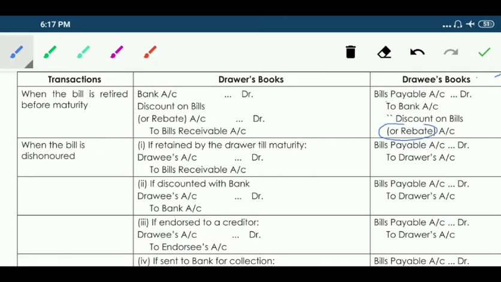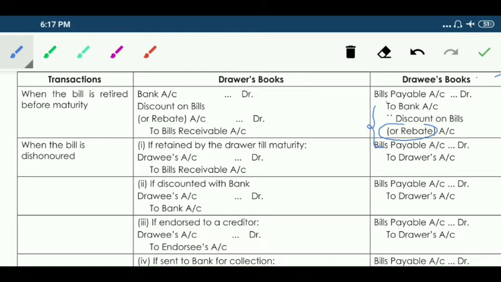So these are the two entries. Bills payable account debited 10,000 rupees because the bill is for 10,000 rupees only. Credit entries to bank account: he paid only 9,800 rupees, that's why the bank account is credited with 9,800 rupees.